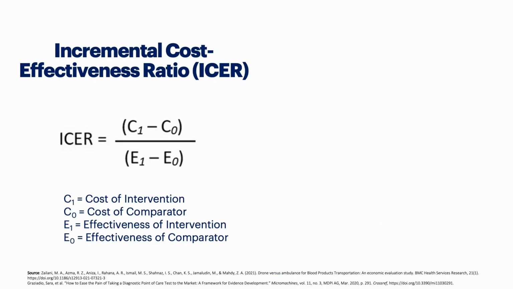As I have mentioned, in our study the outcome we aim to measure is the incremental cost effectiveness ratio, or ICER. For those who may not know yet what the ICER is, it is the ratio between the cost of the intervention compared with the cost of the comparator, divided by the effectiveness of the intervention compared with the effectiveness of the comparator.